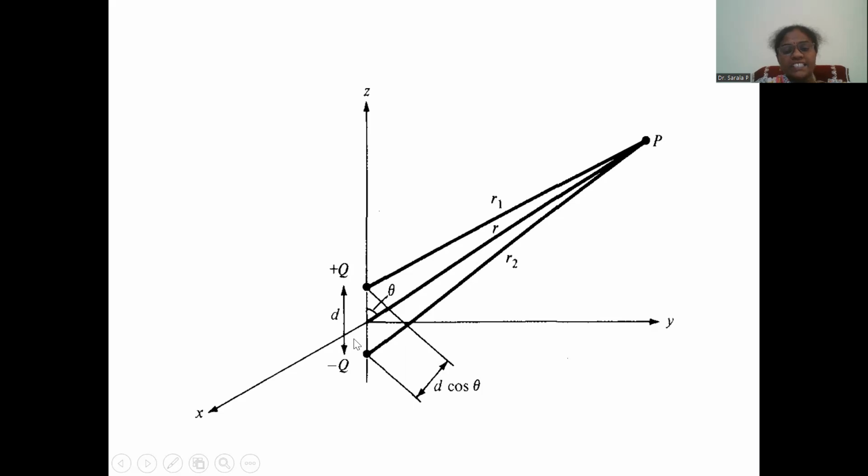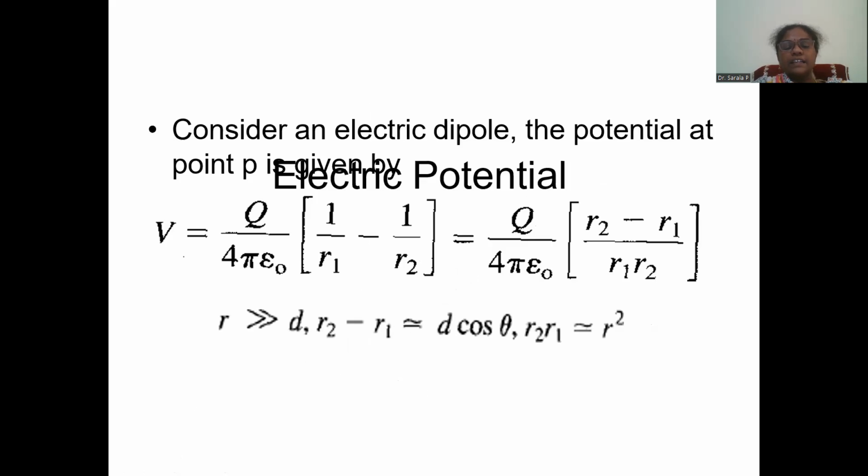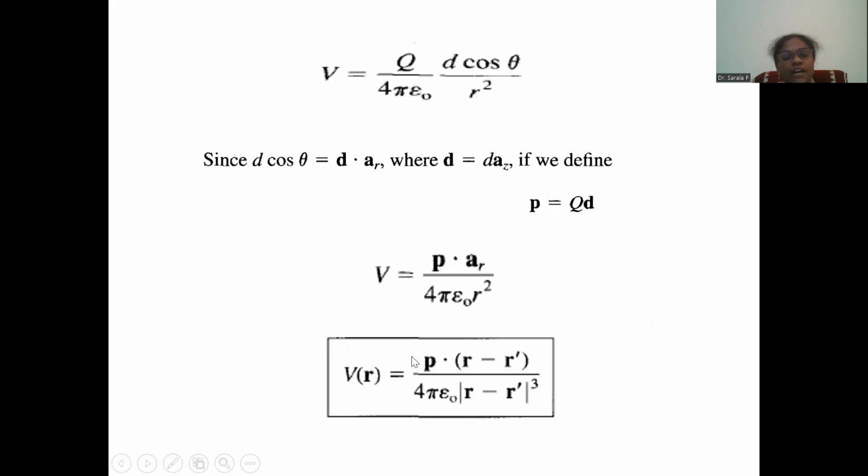If we consider a triangle, then we say that R2 minus R1 is nothing but d cos theta, and R1 R2 is approximately equal to R square.